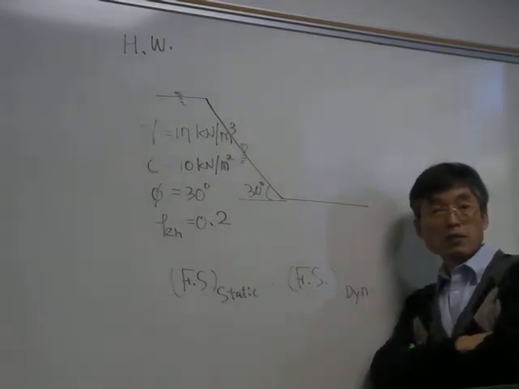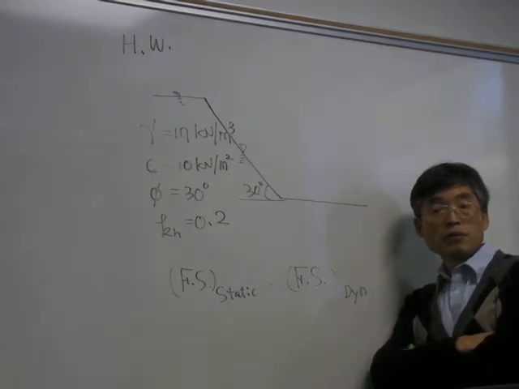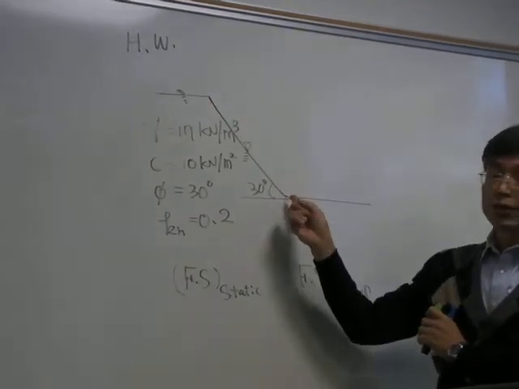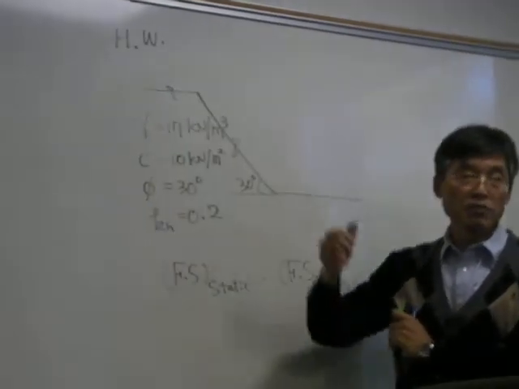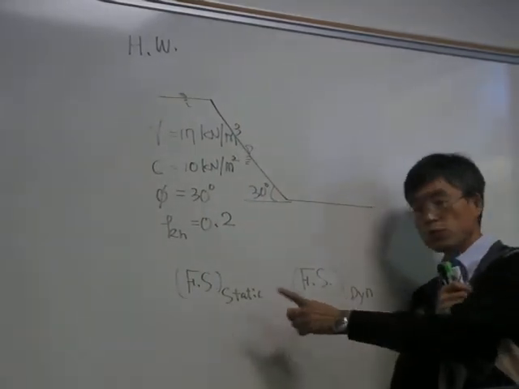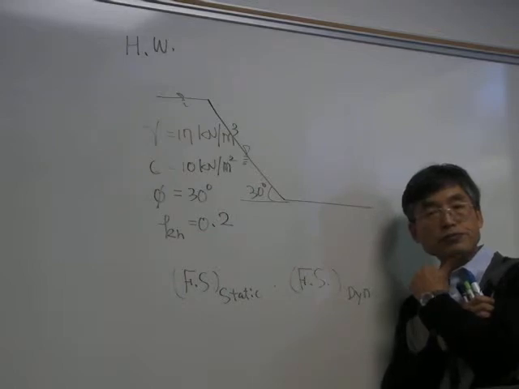They are just available on the web. Then you can put the shape of the slope and show the location of the water table. Plug in those numbers and you should be able to obtain this one and this one.